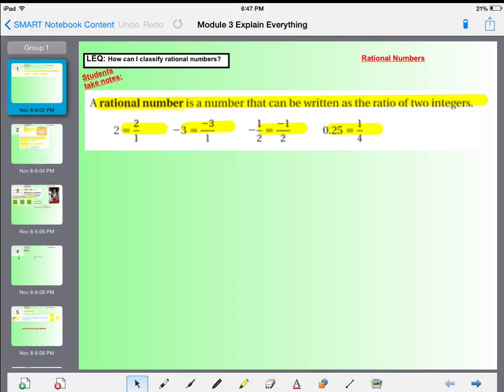And lastly, 25/100ths as a decimal is also a rational number because I can end up with that by dividing numerator 1 by 4.